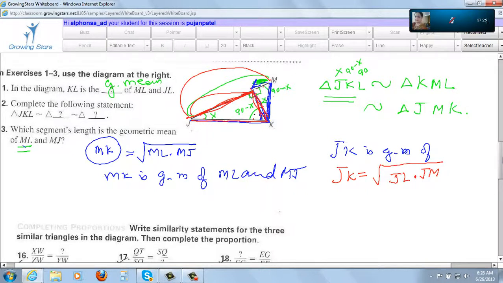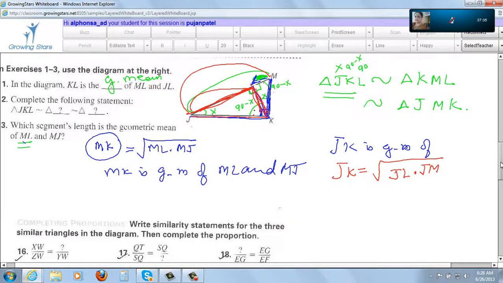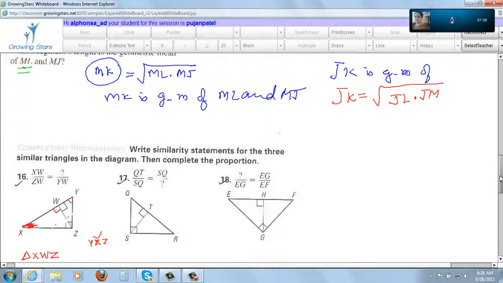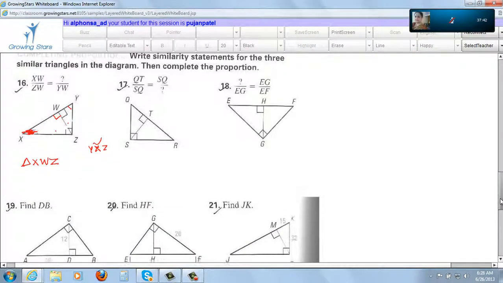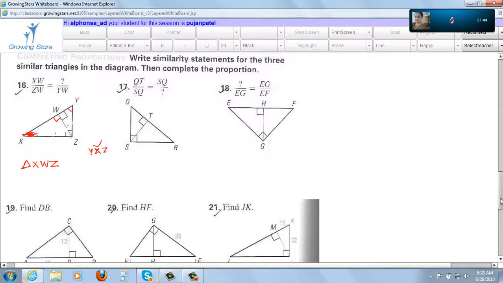If you look at the full triangle XYZ, and also at YXZ, X is common to both these triangles, isn't it? So you can put X there. Then W of this triangle is 90. So of YXZ, the 90-degree angle is Z, which is 90 degrees, isn't it? So here you'll get Z, and then of course Y will be the third vertex.